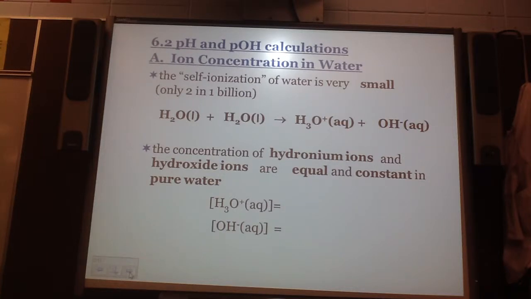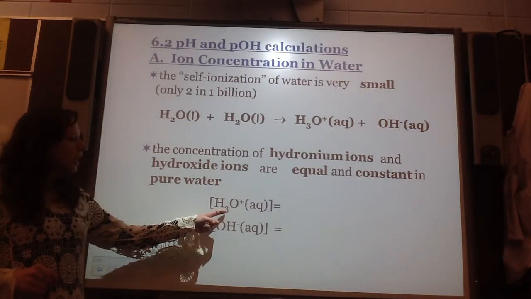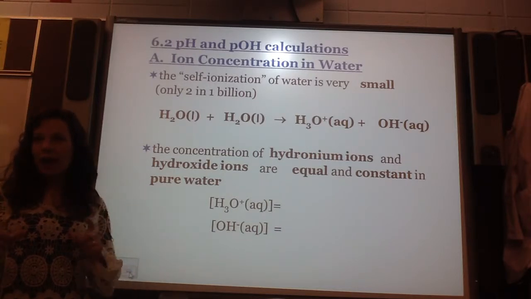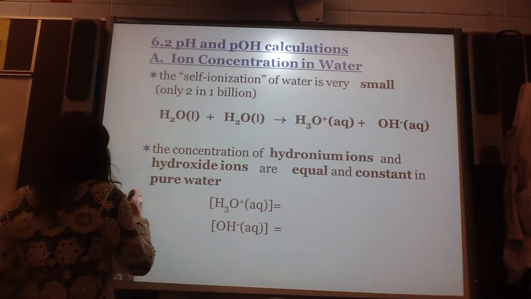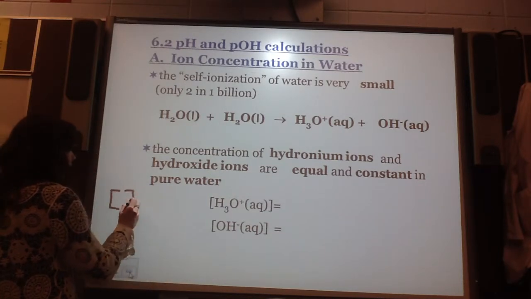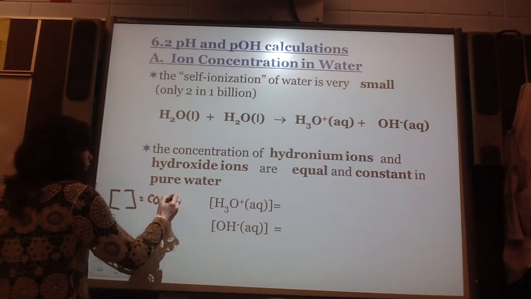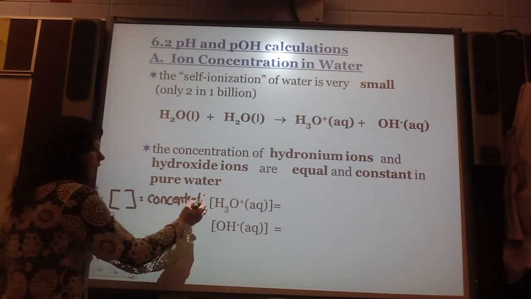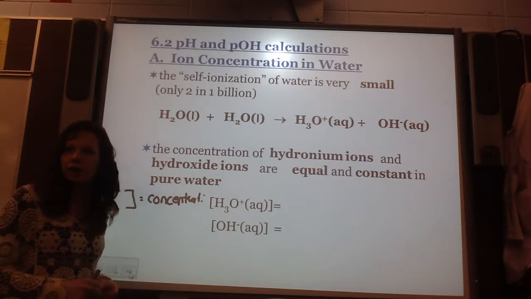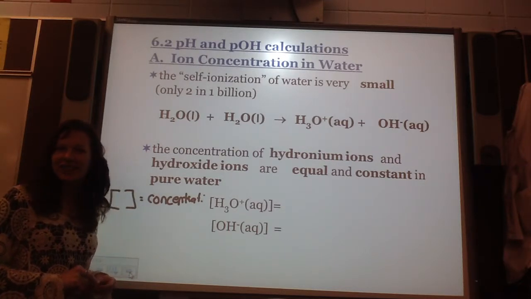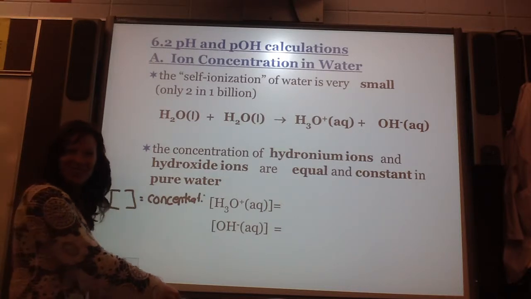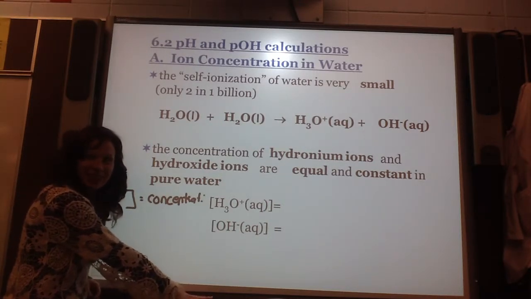So now, when we look at H3O plus here, when anything is in square brackets, that means concentration. Okay, really important. So anything in square brackets, that means concentration. Not like concentrate on this hard, like concentration as in moles per liter. That was a joke. At least my attempt at one.